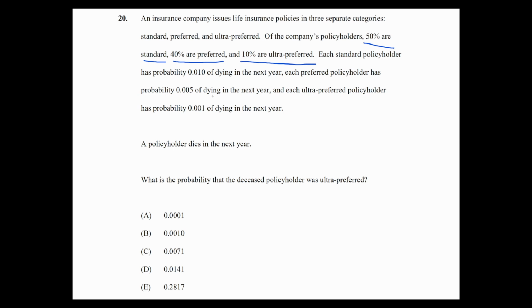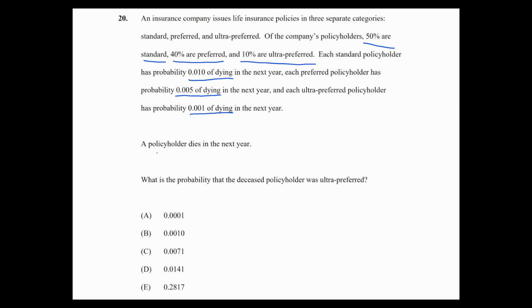Each standard policyholder has probability of 0.01 of dying in the next year, each preferred policyholder has probability of 0.005 of dying in the next year, and each ultra preferred policyholder has probability 0.001 of dying in the next year. Okay, so 0.01 of dying, 0.005 dying, and 0.001 of dying.